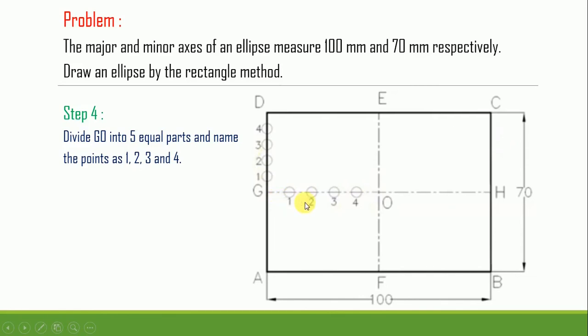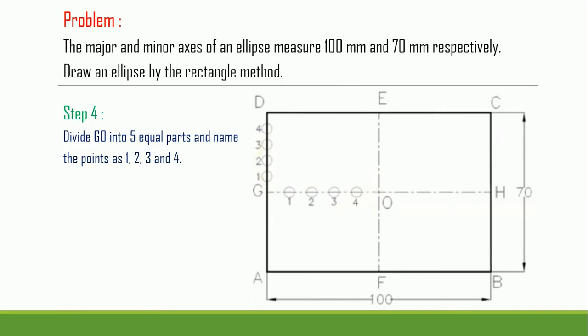We mark the points 1, 2, 3 and 4 at every 10 mm distance. That is the division of line GO into 5 equal parts, which is step number 4, and we name those points 1, 2, 3, 4.